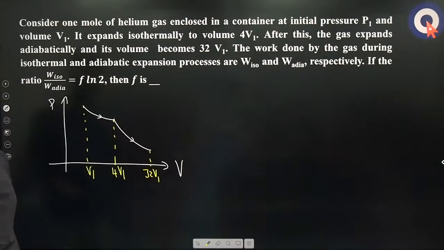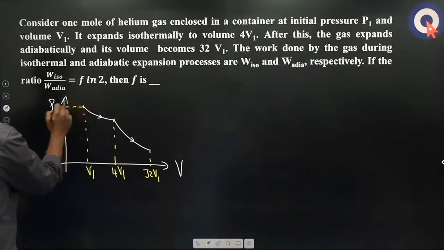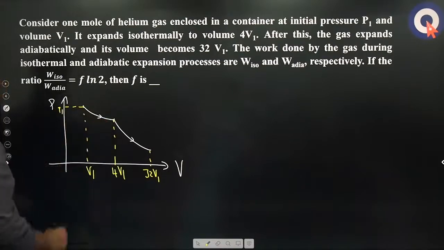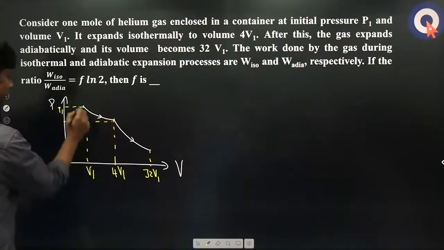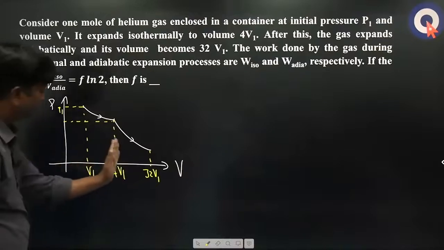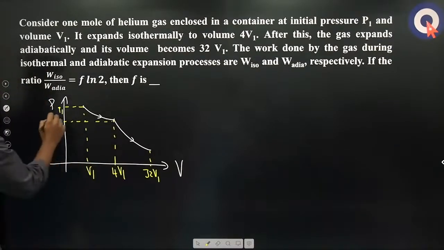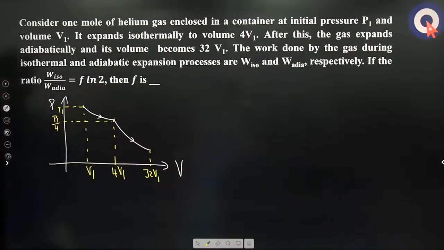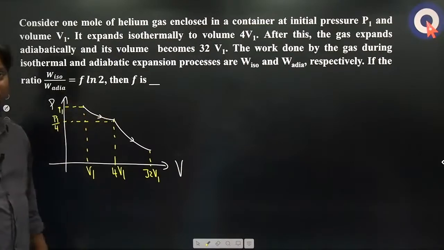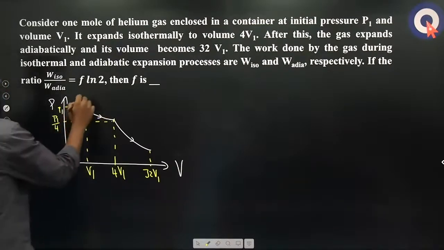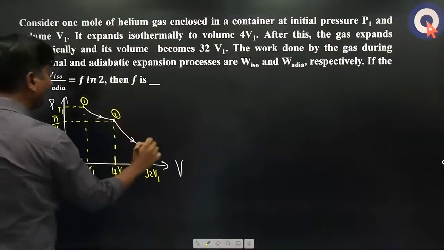Okay, any pressures? Initial pressure is P1. This pressure is P1. Since it is isothermal, volume is becoming 4 times, so definitely pressure will be 1 by 4 because it's an isothermal process, right? So take this as state 1, this state 2 and this state 3.